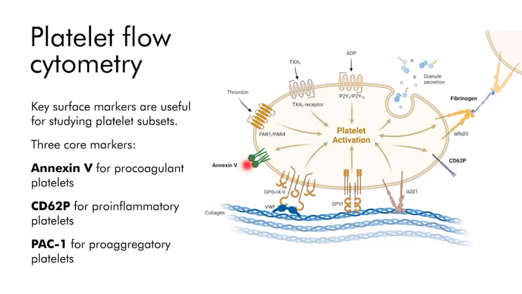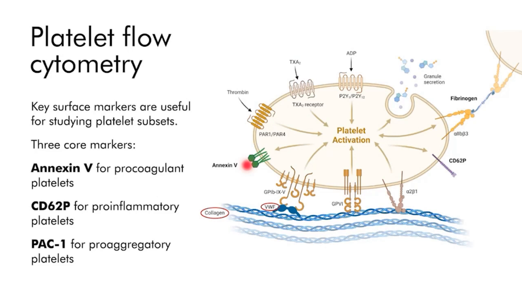And here the cartoon illustrates different mechanisms of platelet activation. So while platelets can be activated by soluble agonists such as thrombin, thromboxane, and ADP, a more classic mechanism of activation involves collagen and VWF, which are exposed after vascular damage.